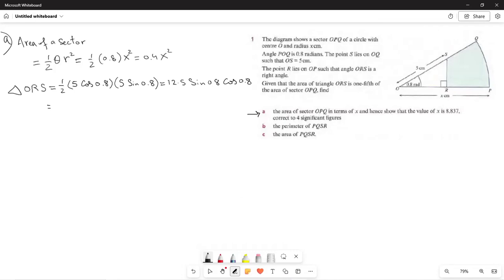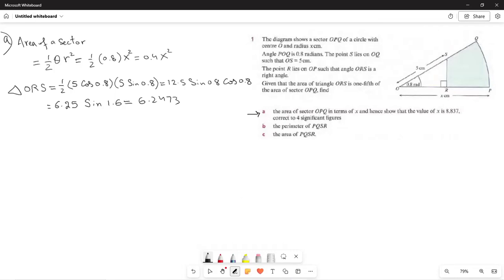If I divide 12.5 by 2 and multiply by 2, it will become 6.25, and 2 times sine theta cos theta becomes sine 2 theta, which will become sine of 1.6 radians. When I do this calculation using my calculator, it came out to be 6.2473.